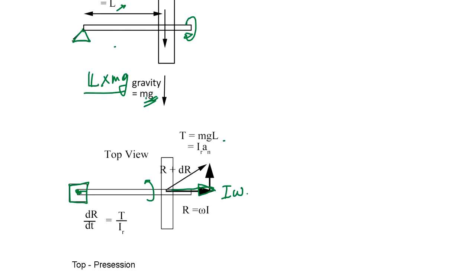So the added vector is going to be like this. This is a top view. You look from the top of this, which is this one. So the gravity actually gives a momentum, I mean the torque, which is this whole thing.